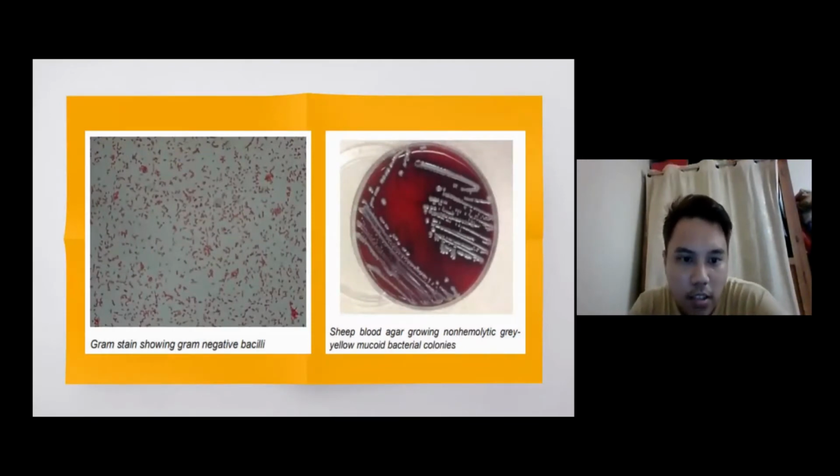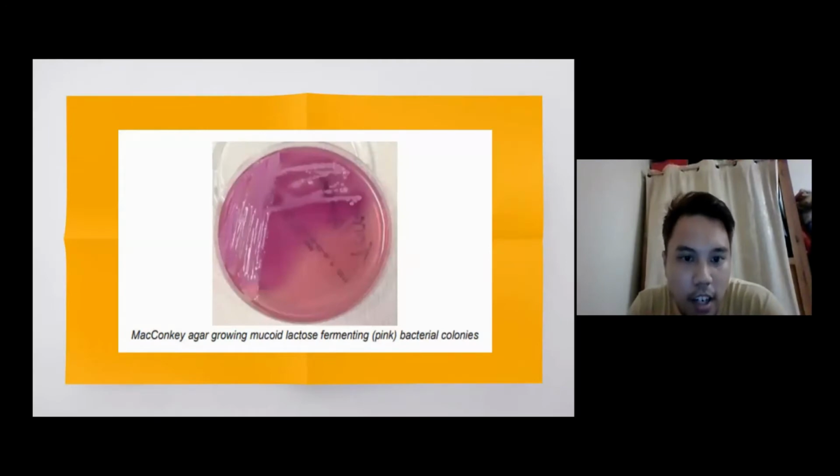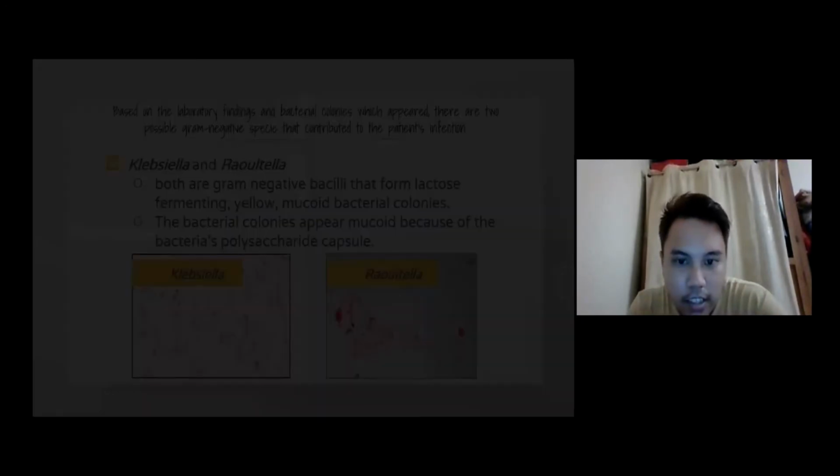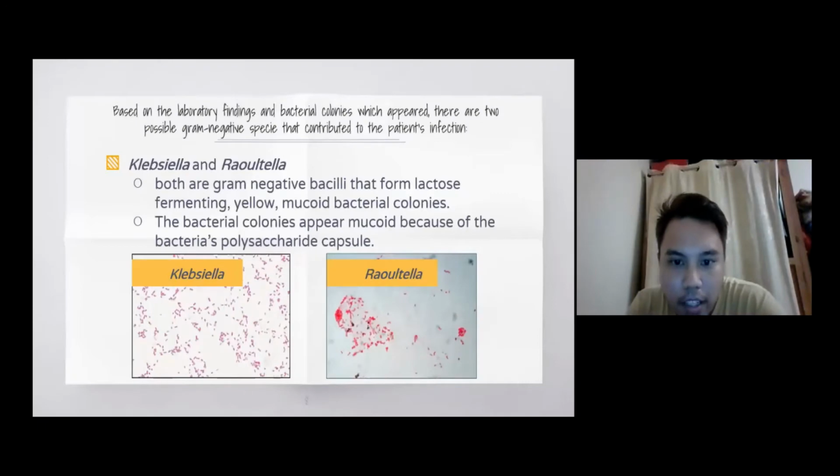As a medical technologist, you could conclude that Klebsiella is the species that infected the patient, but there is still a series of tests conducted to confirm what really caused the infection. Both Klebsiella and Raoultella are gram-negative bacilli that form lactose-fermenting yellow mucoid bacterial colonies, as you can see in the isolates.